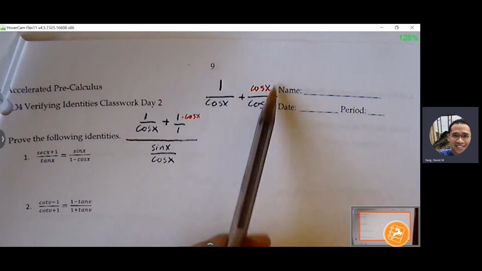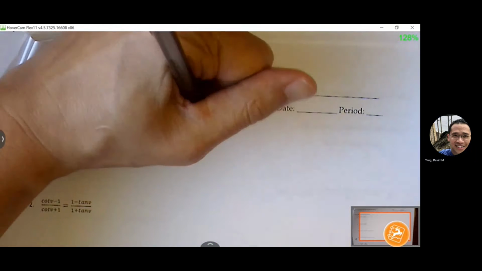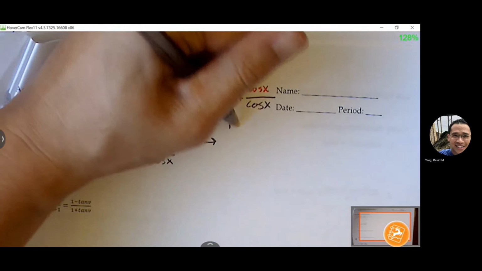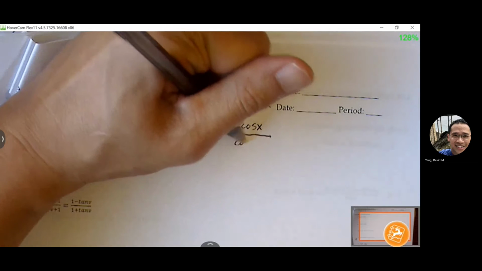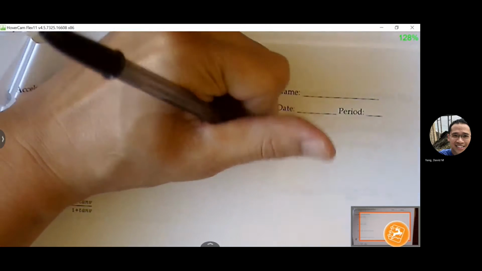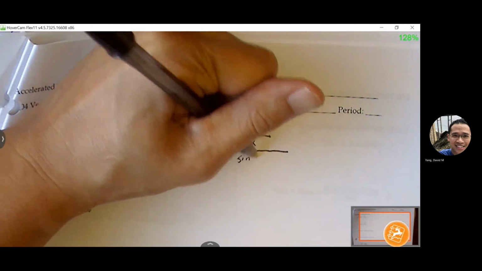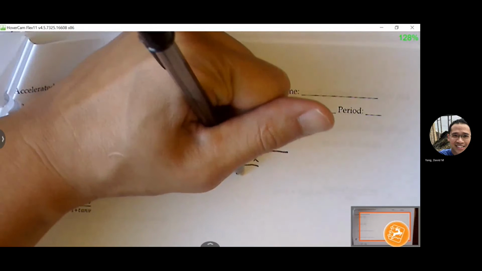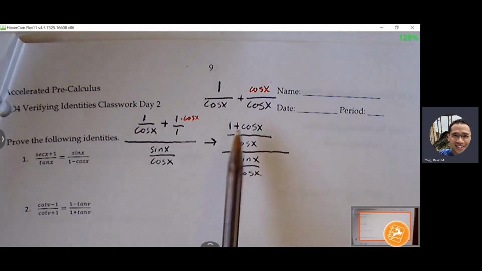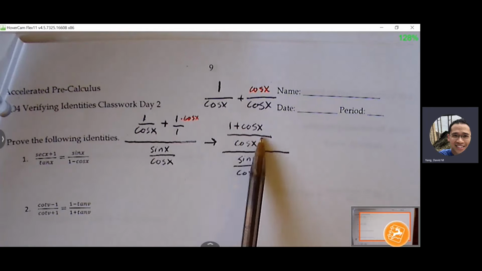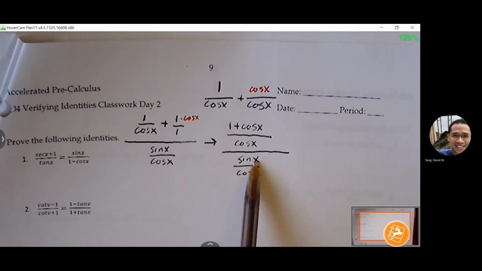Now we have 1 plus cosine over cosine. We got it down to a fraction, a little cleaner. So now that I have a clean fraction over another fraction, we can do the multiply by the reciprocal. So I'll take this, multiply by the reciprocal.